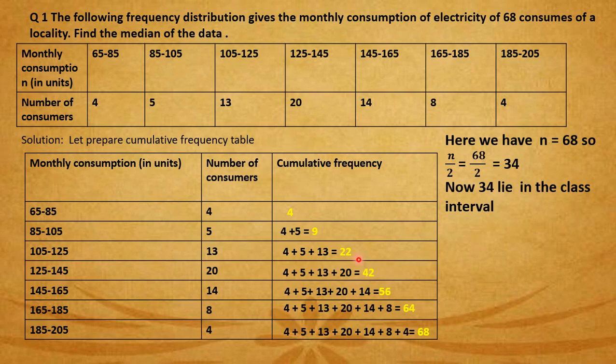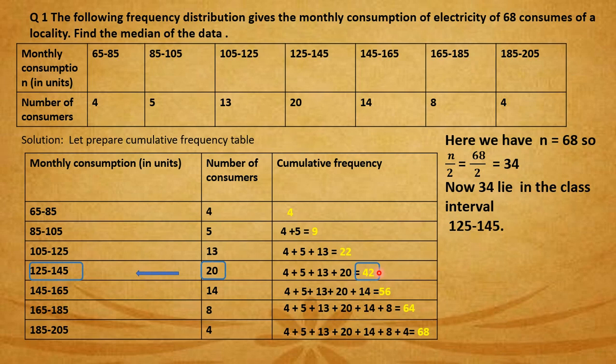No, 22 is less than 34. Is it in 42? 42 is greater than 34. So 34 lies in the Cf 42, which is for the frequency 20, and its class interval is 125 to 145. So 34 lies in the class interval 125 to 145.